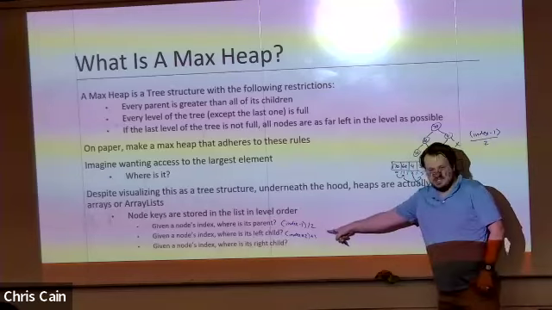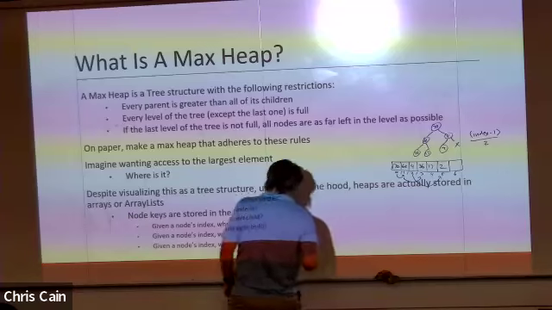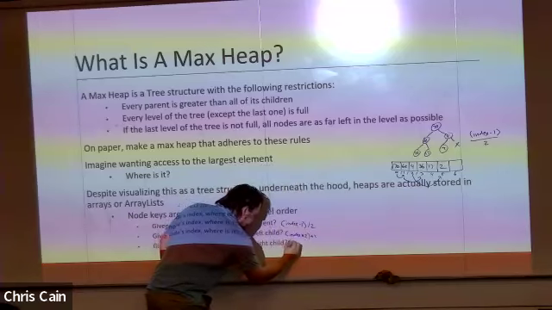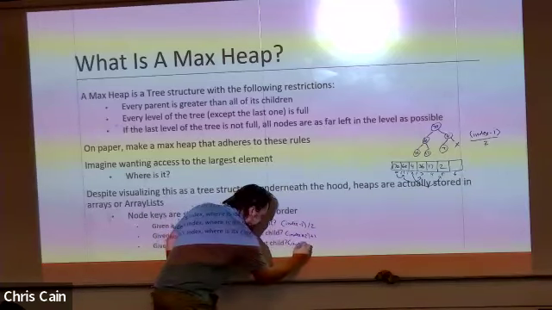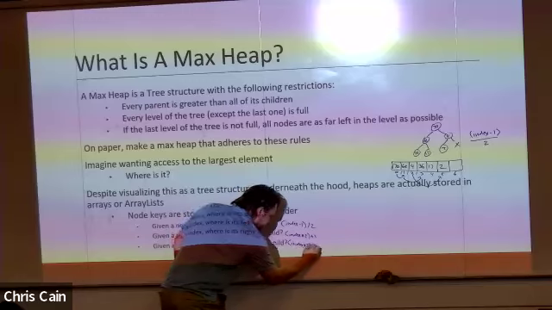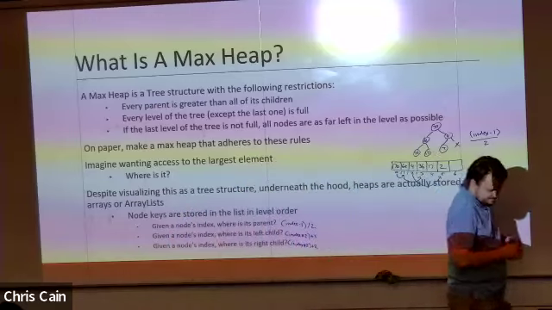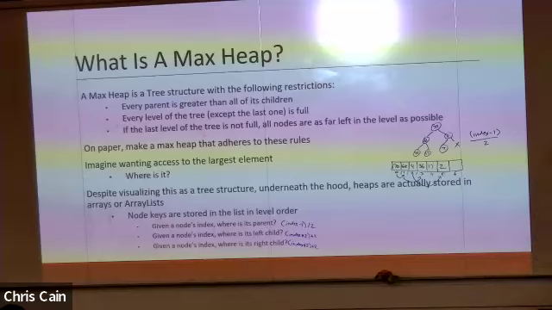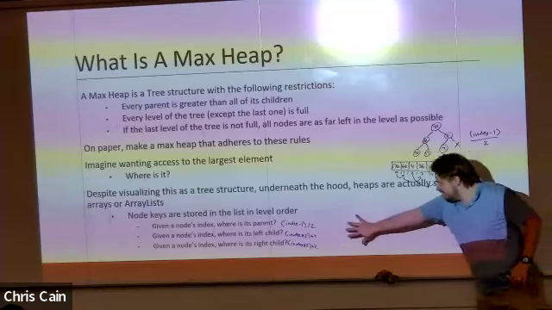So we take whatever this is and add 1 to it. So this is just index times 2 plus 2. So now we have a full representation of this tree structure.